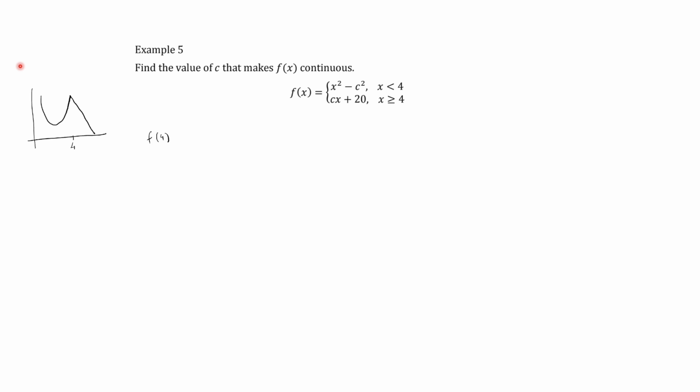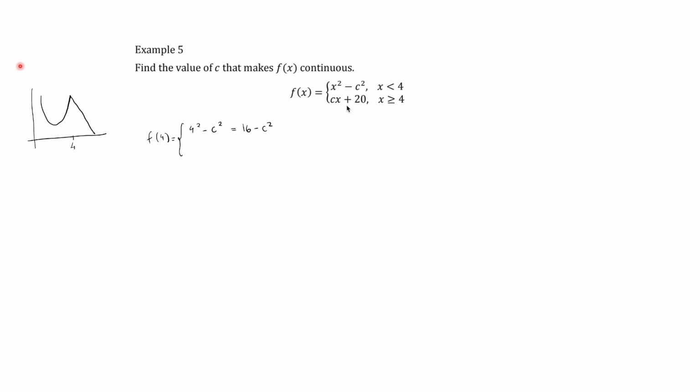At 4, for the first function, f of 4 is going to be equal to 4 squared minus c squared, and this is going to be equal to 16 minus c squared.